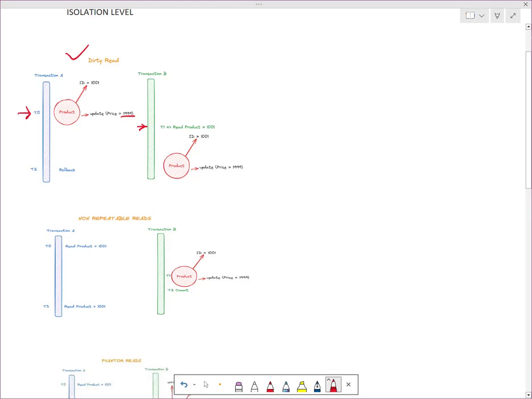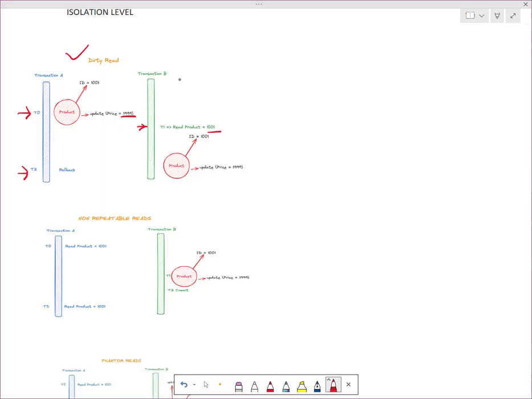At time t0, transaction A attempts to update the price to $1,999. At time t1, transaction B reads the data for the product with ID 1001. By time t2, some exception happens, and that's why the update has not happened.